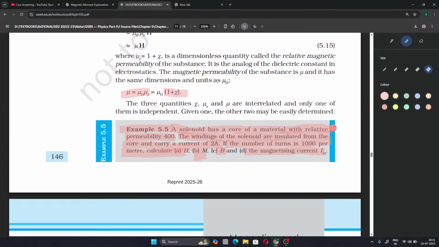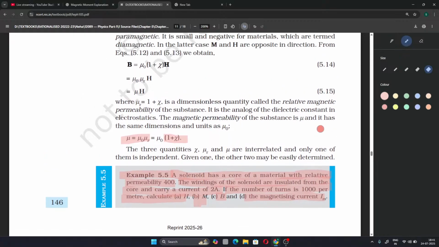They are asking how to calculate. They gave the number of turns per unit length, that is 1000, the current, and the relative permeability, that is the mu r value.